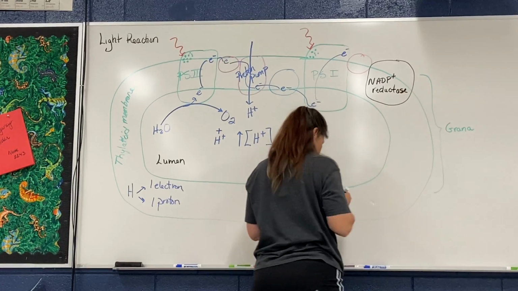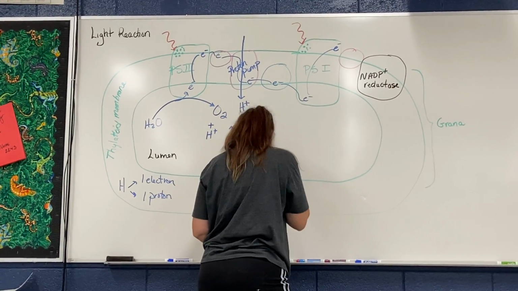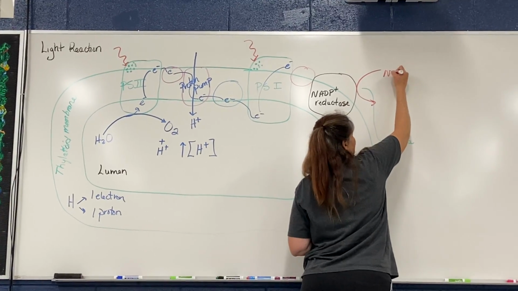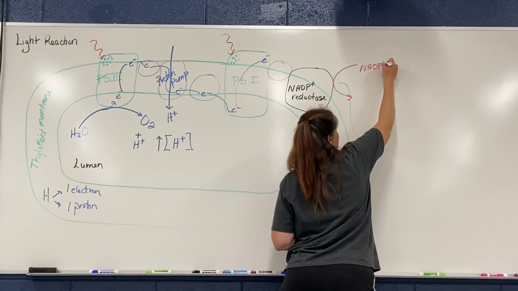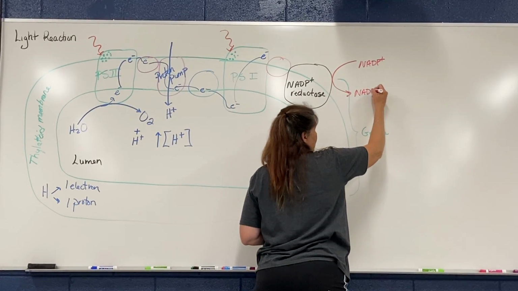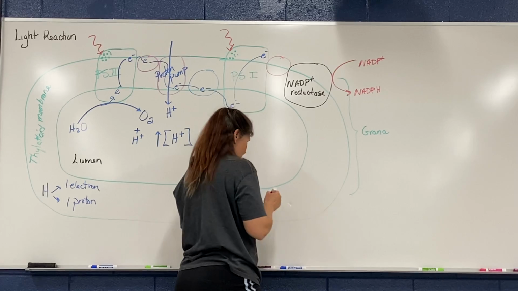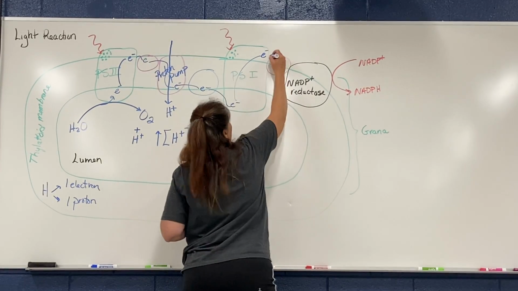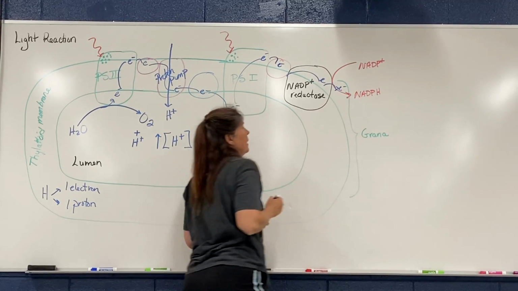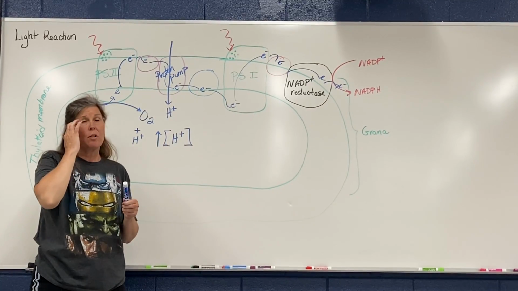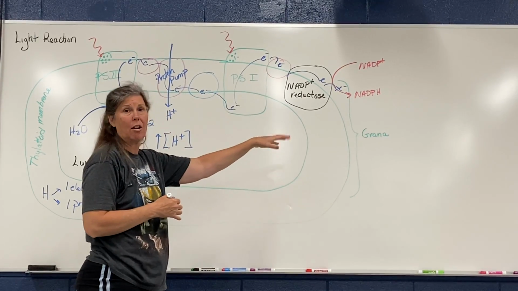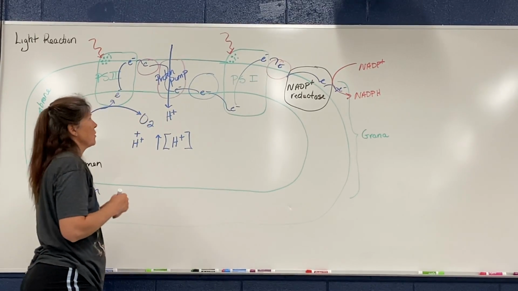What we're going to do here is take our NADP, remember it's in plants, so we have our extra phosphate, and we're going to reduce it. So we're going to pick up those electrons. We talked about our final electron acceptor in the ETC for cellular respiration being oxygen, and here it is our NADP+, our electron taxicab as I refer to it.